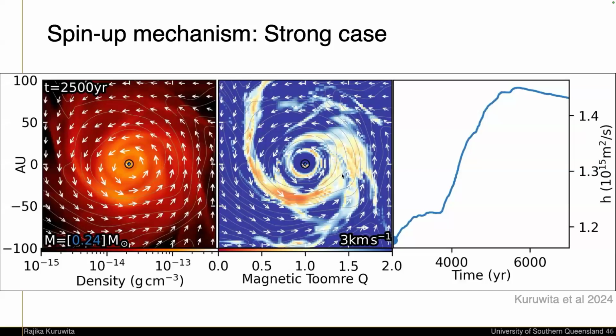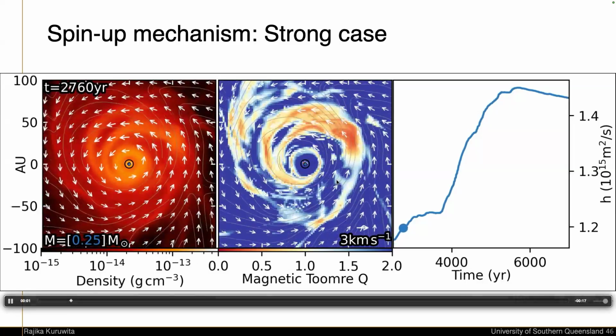Over here is the magnetic Toomre Q. White means it's marginally stable, red is where it's unstable, and blue is where it's really stable. We already see this arm. It's there in the density, but it's much clearer in the magnetic Toomre Q, and it looks like it maybe could fragment. So let's see how this goes.